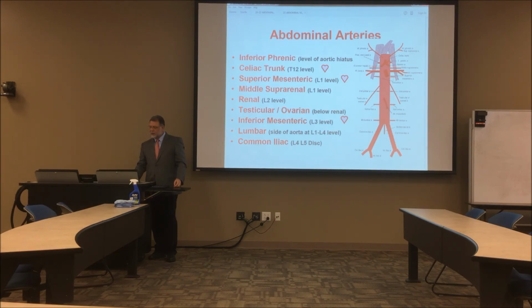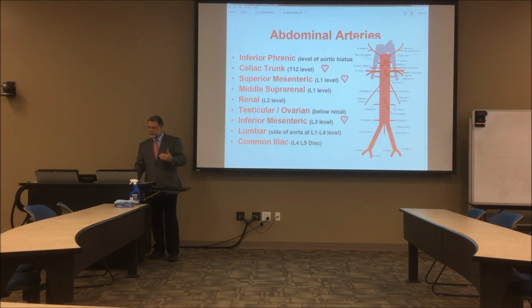Then it's going to be the celiac trunk. Then you're going to have the superior mesenteric artery, with probably a centimeter inferior to that, both of the renal arteries, and one is going to give the inferior suprarenal artery too.